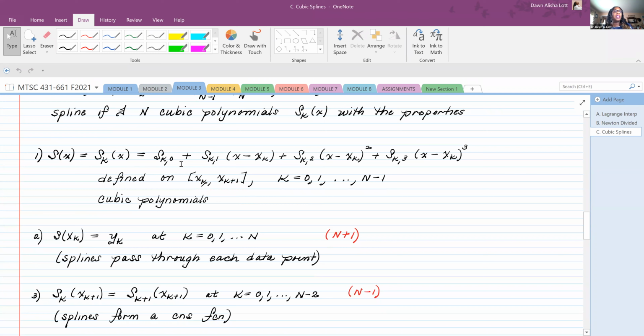So each one has a constant, and then each one is a cubic polynomial about the xk. So that at xk, it is the value sk naught, which is actually the y value. So as you can see, sk naught is the y value for each xk.